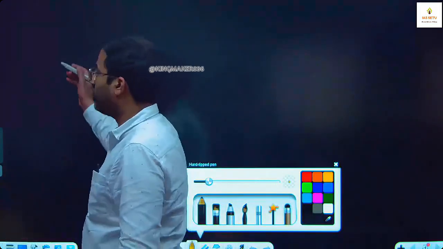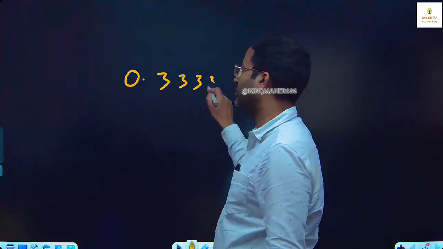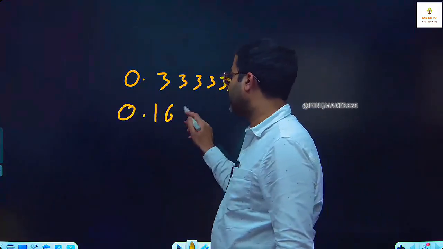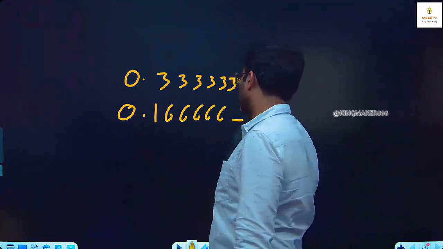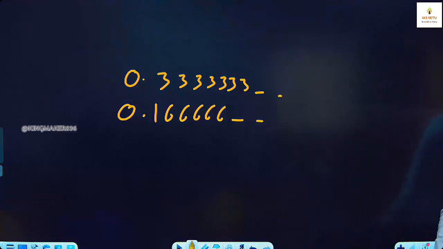Now our topic is, yesterday I told you recurring decimals like 0.33333, 0.16666. So now the topic is, if we have to convert this type of decimal into a fraction, how will we do it?